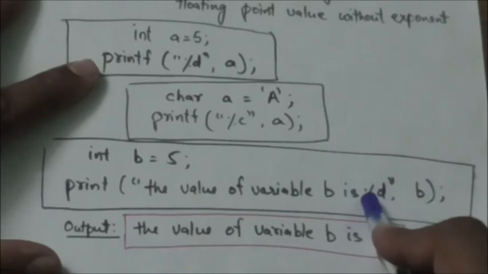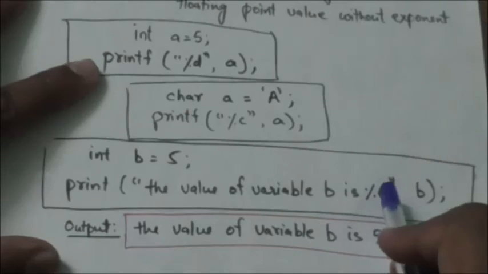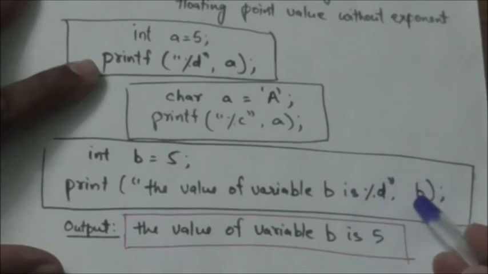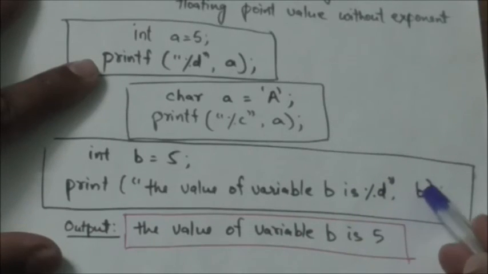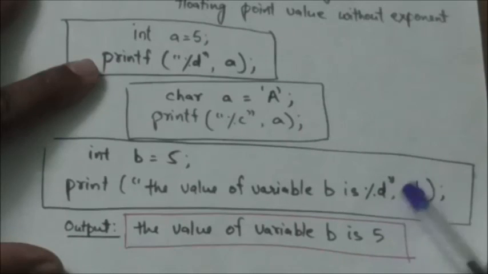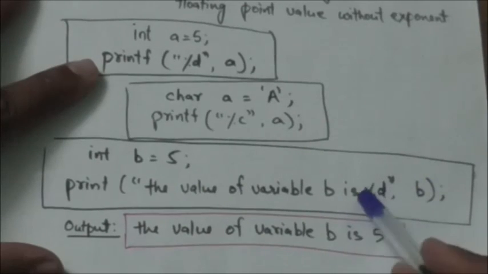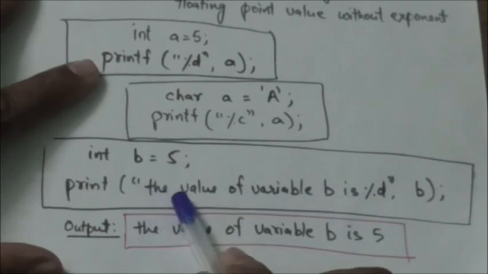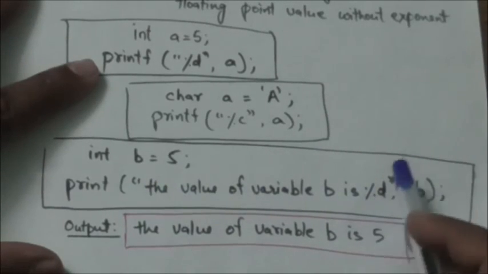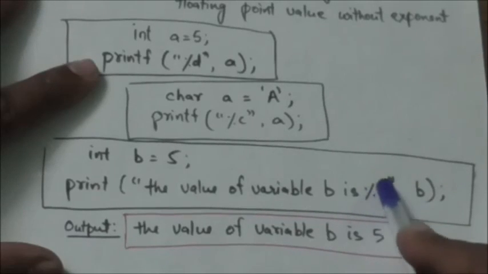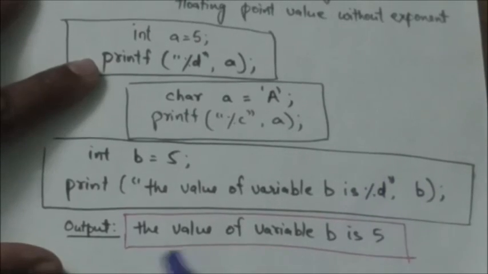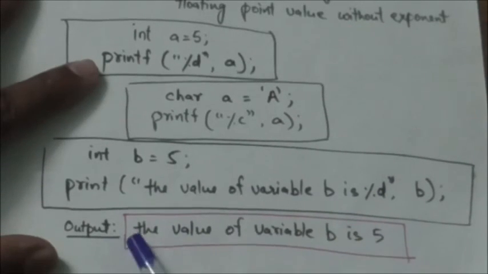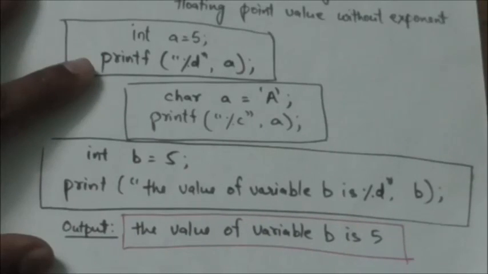This character group will be replaced by the value of variable b, which is 5. So the same string will be printed as output, but the character group will be replaced by the value 5. The output will be: the value of variable b is 5. This message will be printed on the output screen.